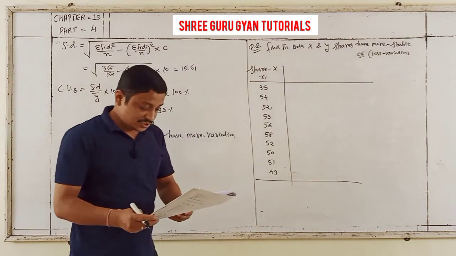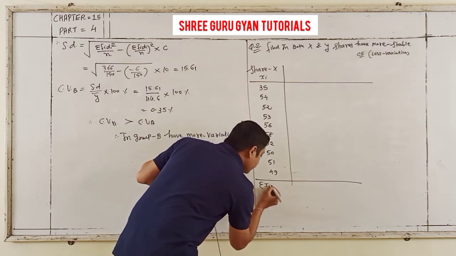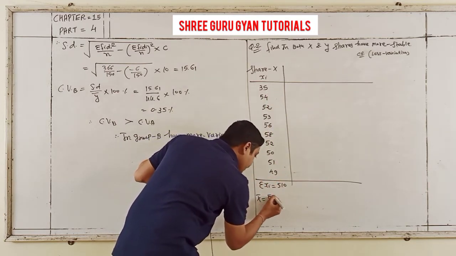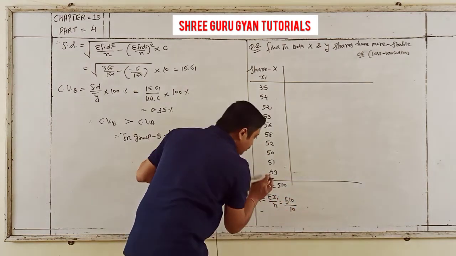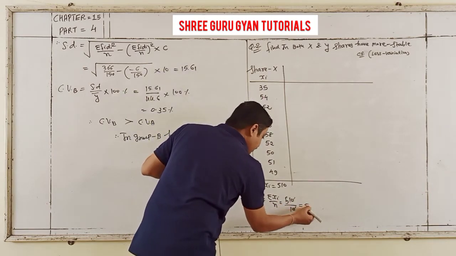And make them, students, total additions. Its addition is sigma xi. If you use the calculator it is 510, meaning define sigma xi by n, 510 by 10, which gets 51.